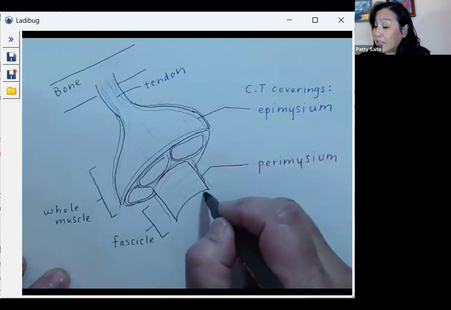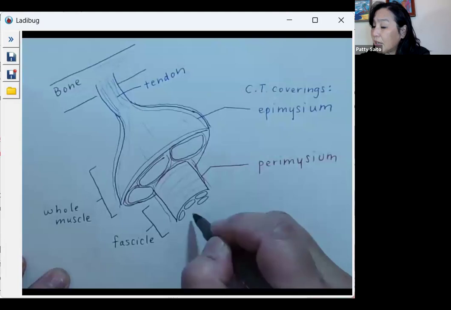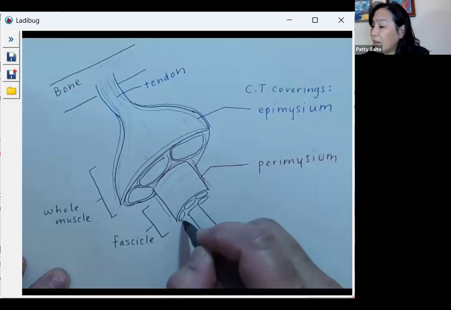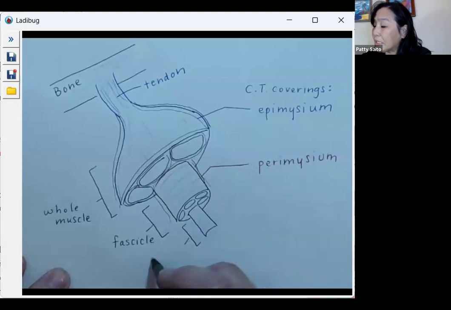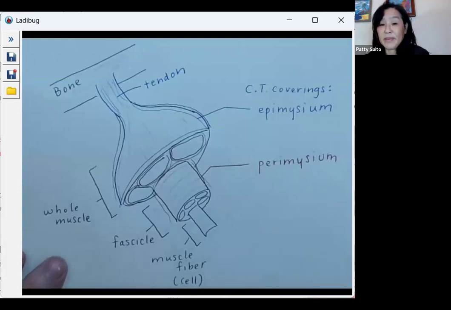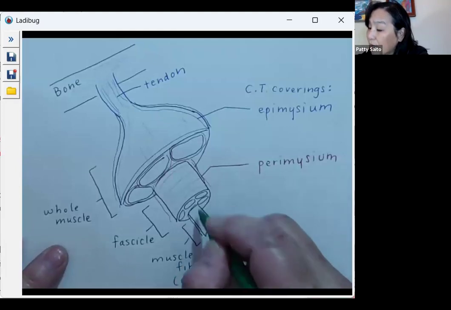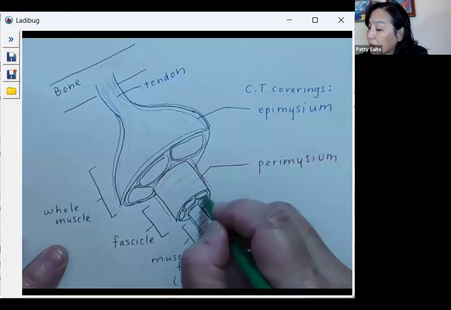Inside each fascicle, it's further subdivided into different little sections. If I pull out one of these sections here, each one of these sections is called a muscle fiber, or sometimes referred to as a muscle cell. Now, this too is surrounded by a connective tissue covering around each one of these muscle fibers.